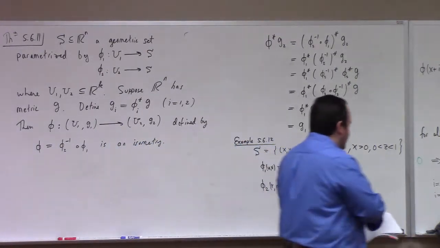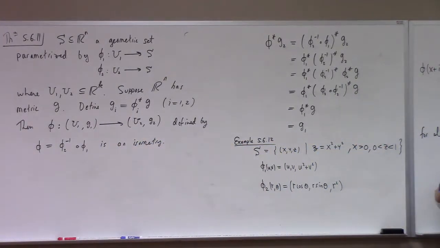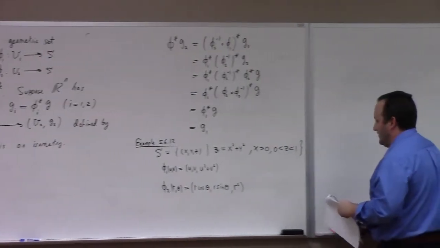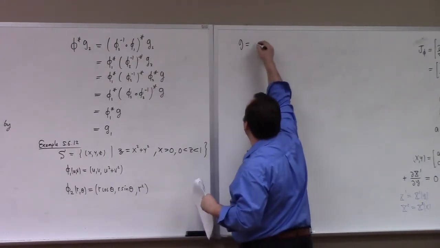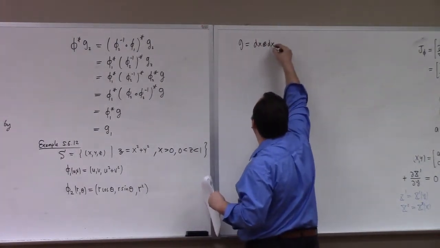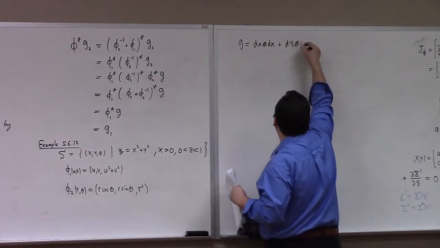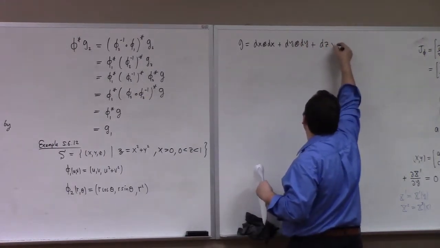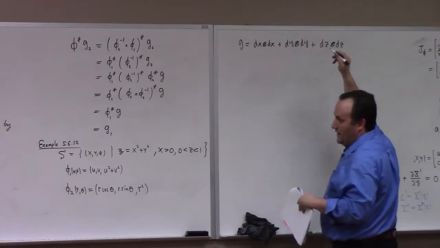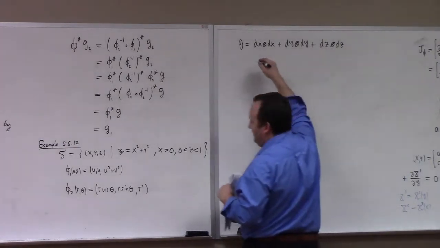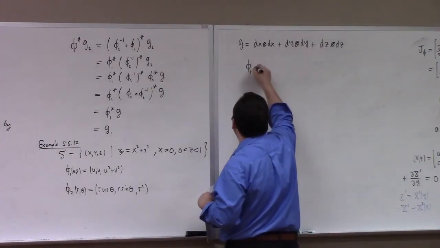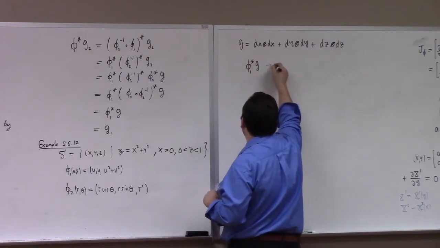But look at what happens when you compare the metrics here. The pullback metric. So we set G equal to dx tensor dx plus dy tensor dy plus dz tensor dz, right? Don't worry, I won't actually do the calculations this time, but if we pull back under phi1, we've done this calculation on a different day.